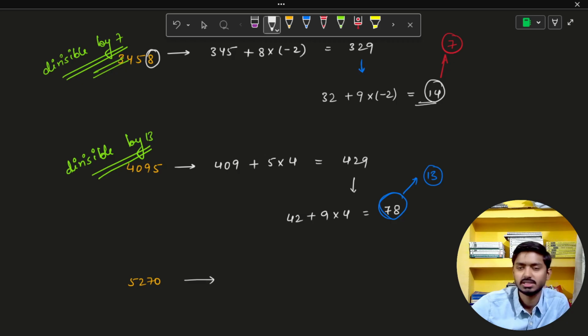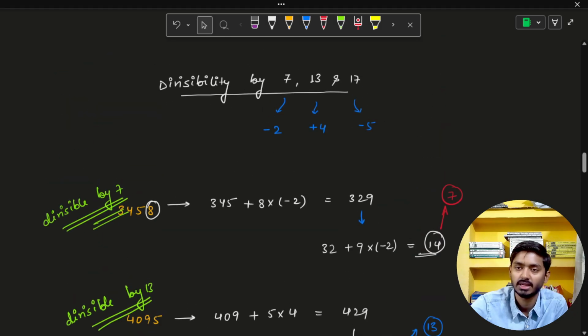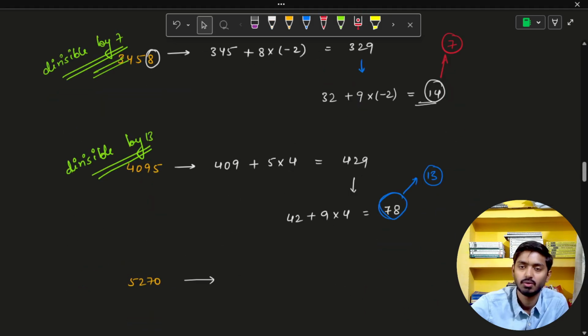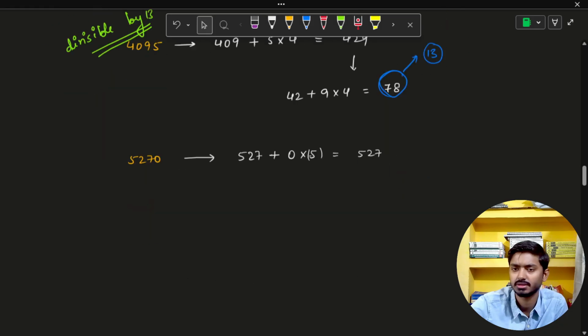All right, let's go for this one. Let's check the divisibility of 5270 by 17. We can see that the modifier for 17 is -5. We are going to do the exact same thing which we did in the earlier stages. We take the entire number, remove the unit digit, and multiply the unit digit by the modifier. That would be 527. The modifier was -5 anyway, but that won't make any difference.